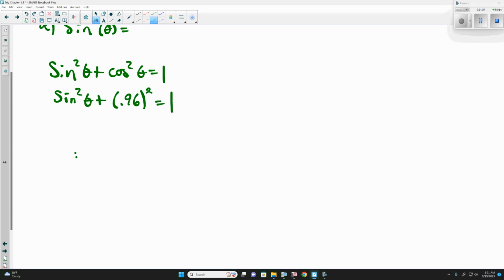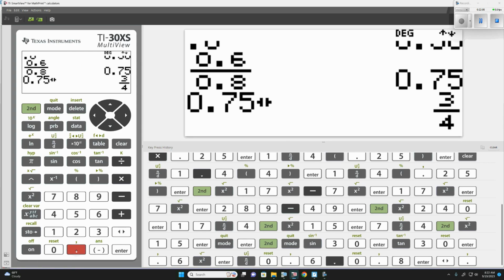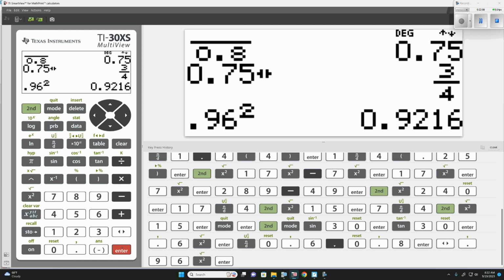Well, think about it, because these two values added together equal 1, yes? So if that one's greater than 1, it means sine squared would have to be less than -1. So let's see, 0.96 squared.